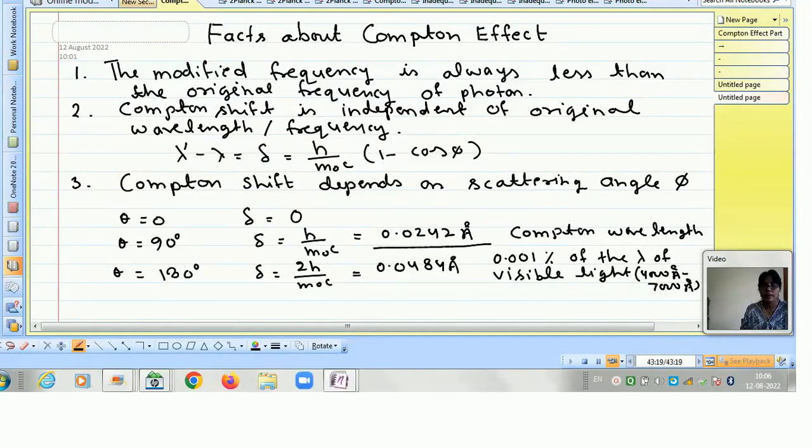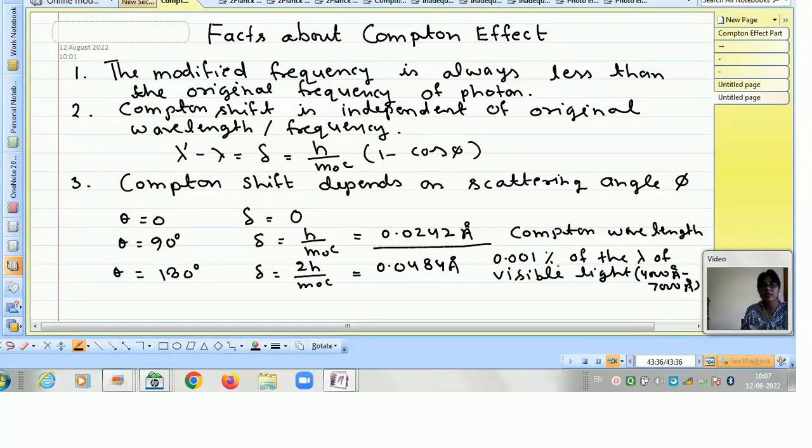Let us recall the definition of the Compton effect, which I said earlier: it is the incidence of a high energy photon. When a high energy photon is incident on a light element, then we observe the Compton effect.